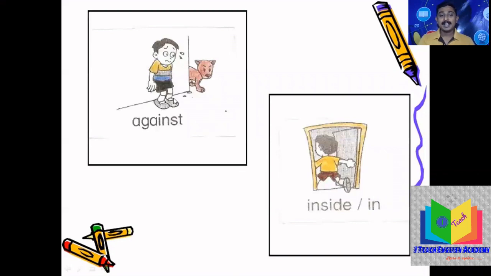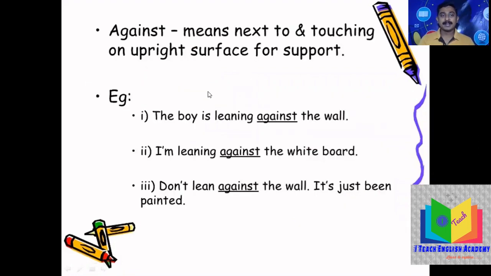The boy is standing against the wall. The word against is also a preposition of position. Where is the boy's position? Against the wall. Let us see what is the meaning of the word against.